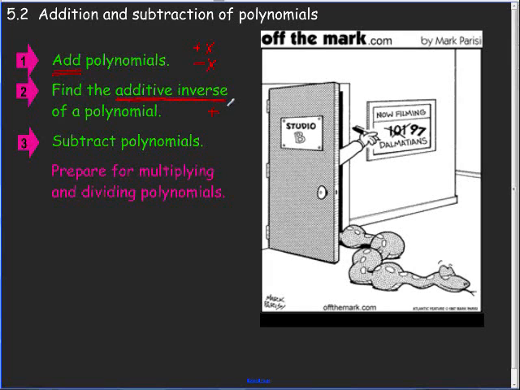If we have a positive 1/2 y, the additive inverse would be a negative 1/2 y. And we're going to use this additive inverse in subtraction to show you how we don't even need subtraction. All we need to do are additive inverses.